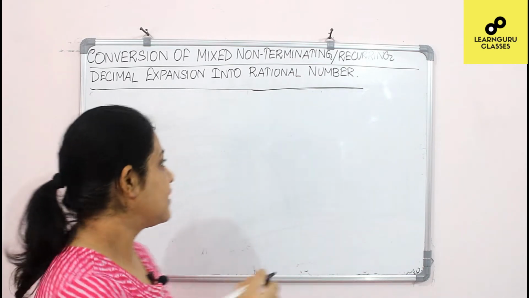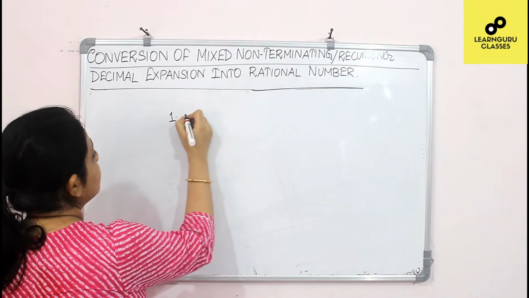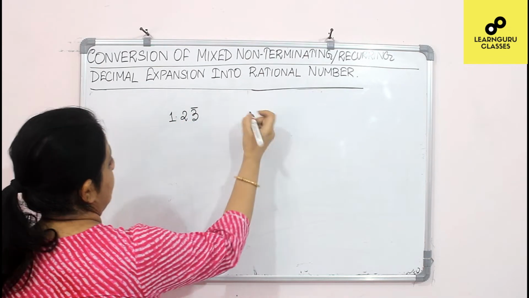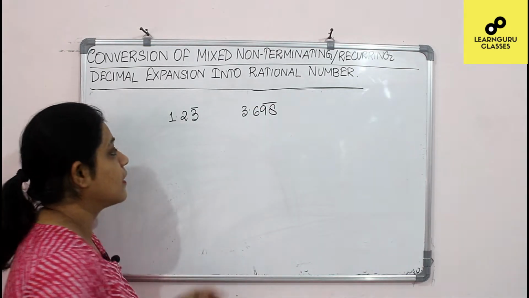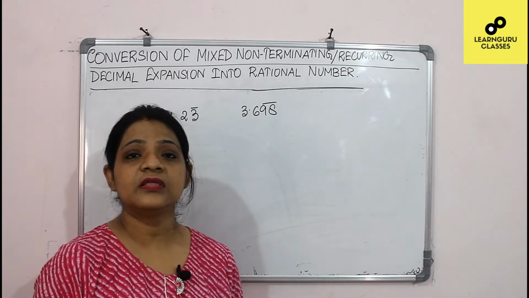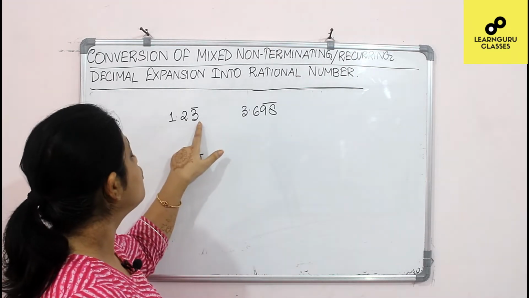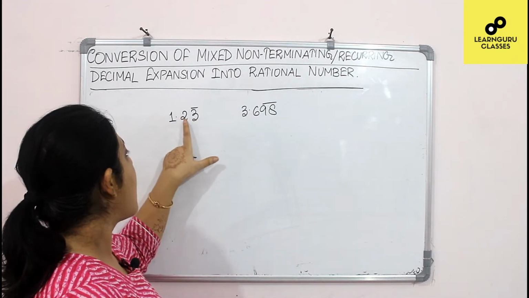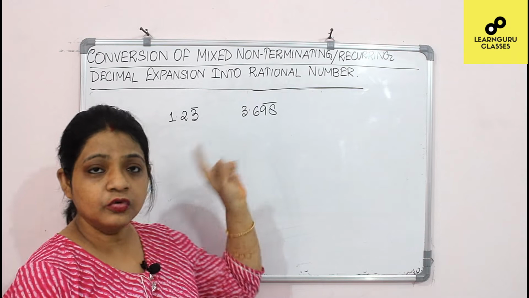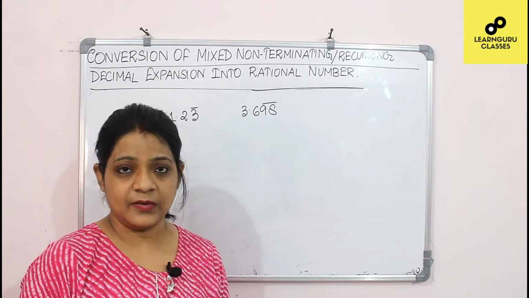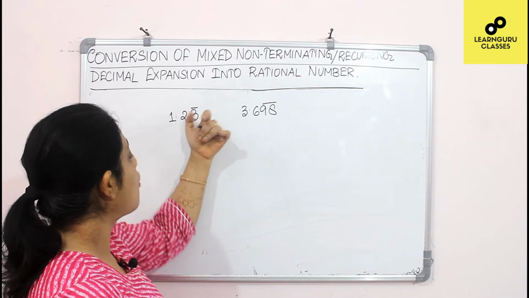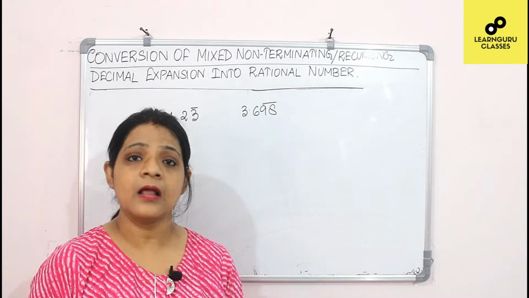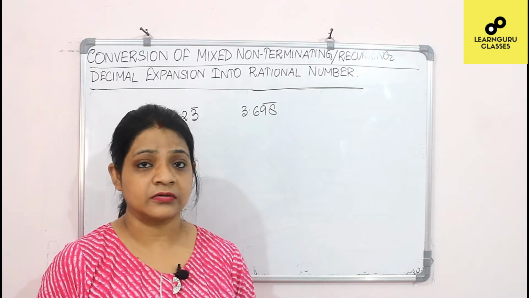Let me give you some examples. One example is 1.23 bar. Another is 3.69898 bar. So what is the difference between these numbers? In 1.23 bar, 23 is after the decimal point, but only 3 is under the bar and 2 is left without the bar.